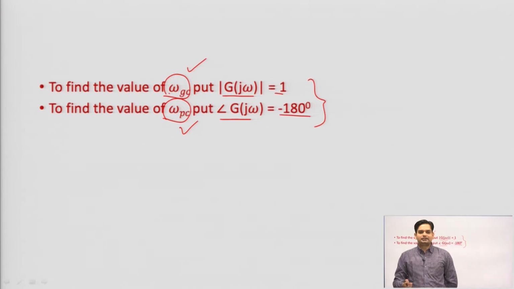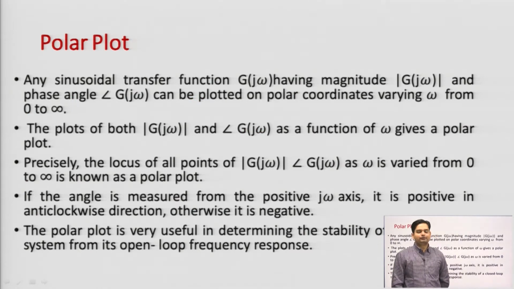We will see in this lecture how, with the help of the polar plot, we will calculate omega GC, omega PC, and then the gain margin and phase margin, and determine the stability of the closed loop system. Now we will see the definition of the polar plot. If we consider any sinusoidal transfer function G(j omega), it means we would have been given G(s).